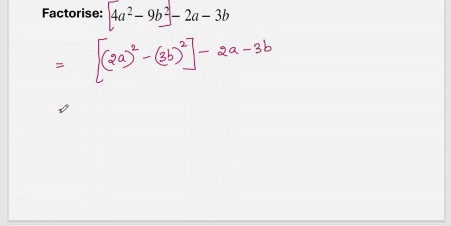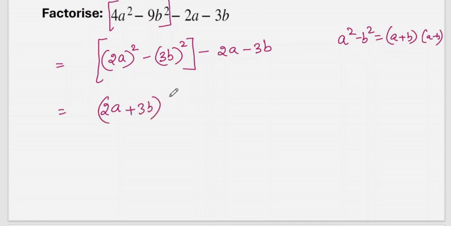Okay. Now, what is this? So, this can be written as 2a. See, you can use the formula a square minus b square. This is a plus b and a minus b. Right? So, 2a plus 3b and 2a minus 3b. And then we have another expression here also.